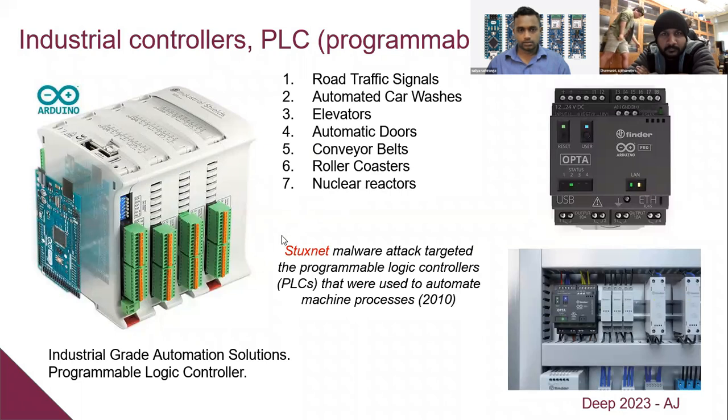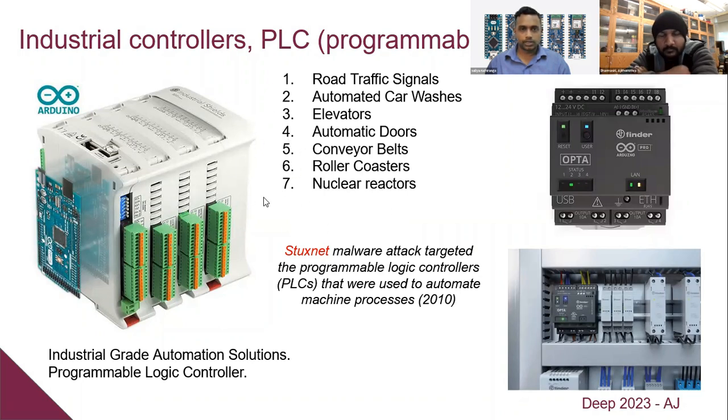And if you have heard about Stuxnet, it's a malware that targeted PLC hardware to sabotage a nuclear program. It's good to know about these kinds of things when it comes to security of these hardware and software.